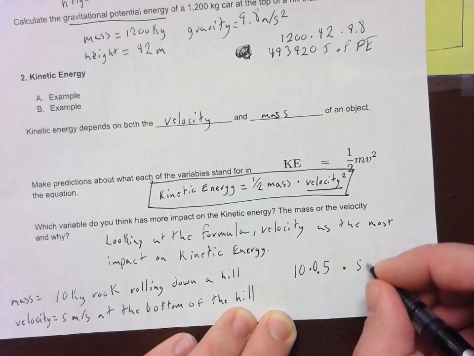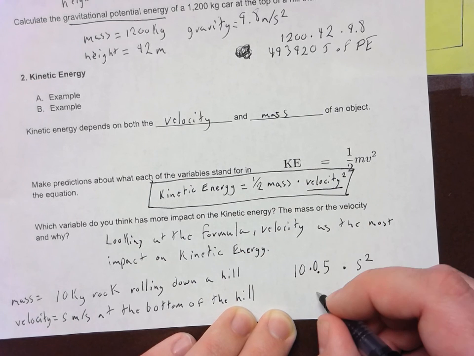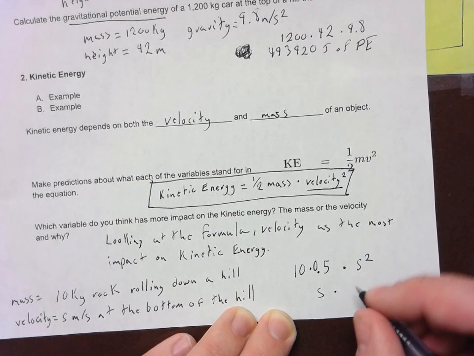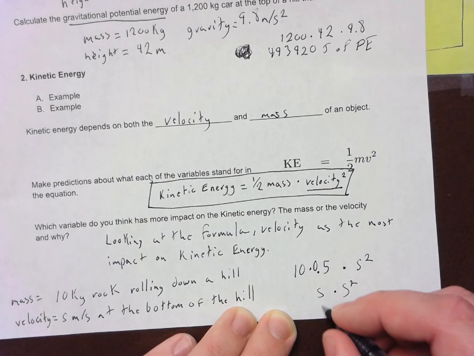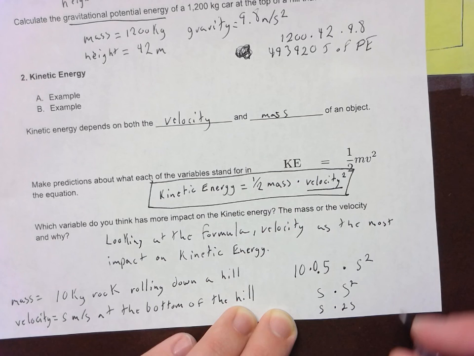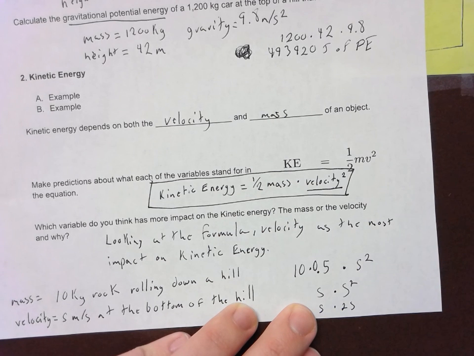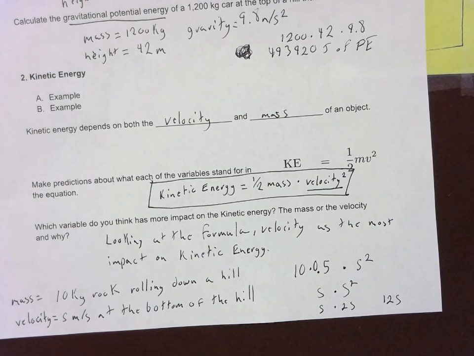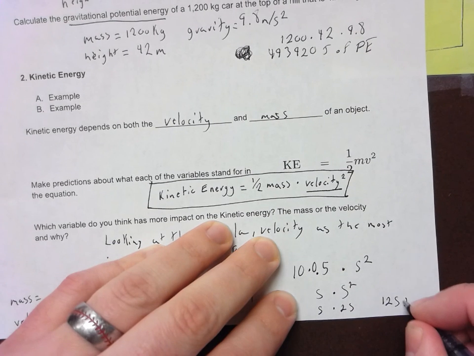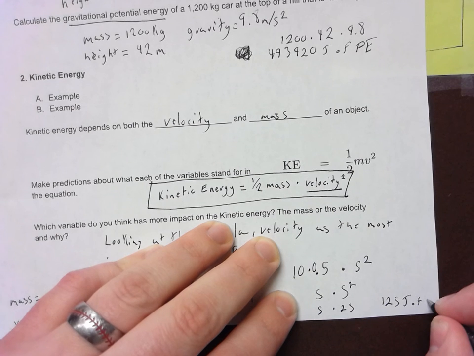So what you're going to have is 5 times 5 squared, as we know 5 times 25, and 5 times 25 is going to be, anybody, 125. So we have 125, and that will be our kinetic energy. And remember, kinetic energy is also in joules. So joules of kinetic energy in that specific one.